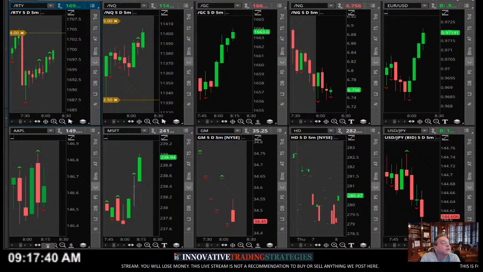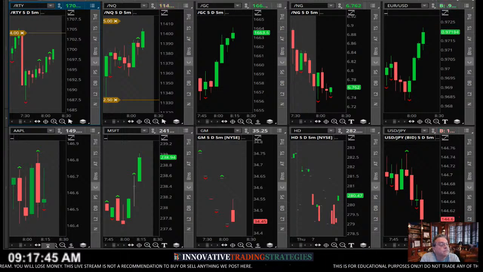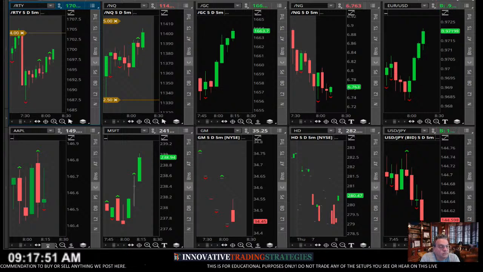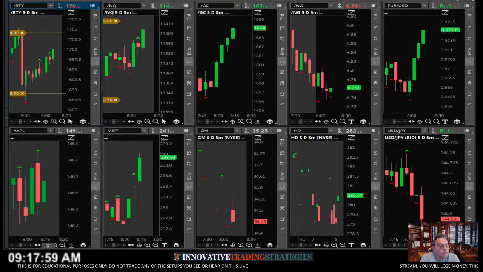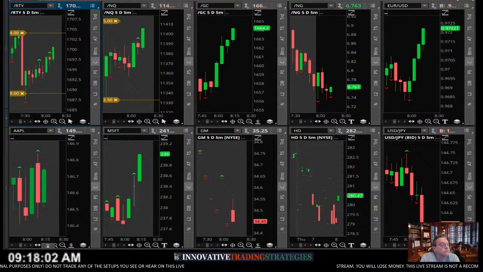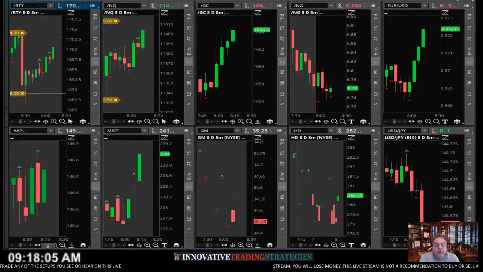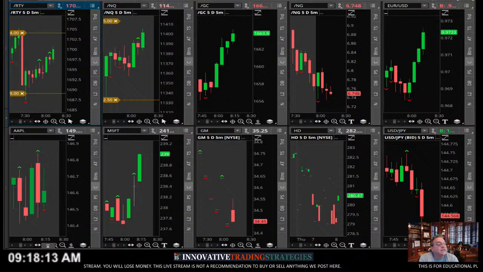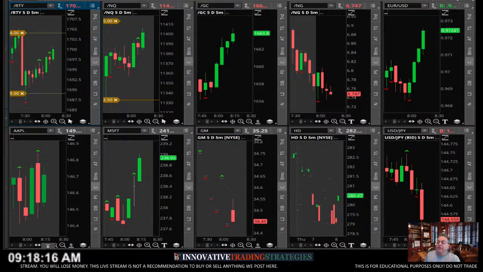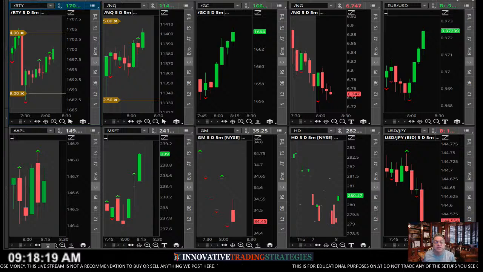And we'll hold on unless we reverse down here at 1689. So we're long the mini Russell, and we are short the mini NASDAQ. And I have seen them go opposite directions quite a bit, so that doesn't surprise me.